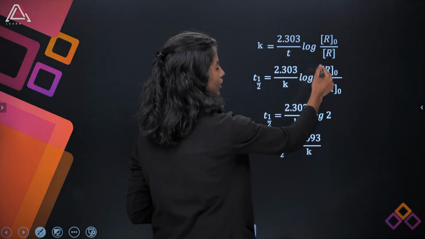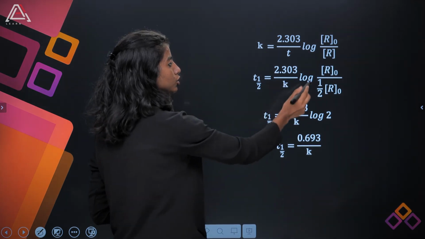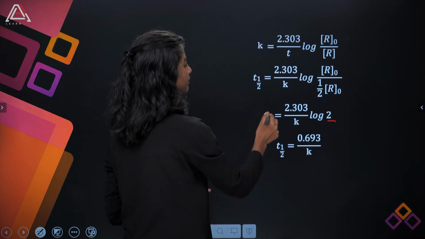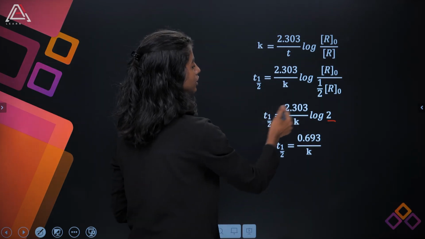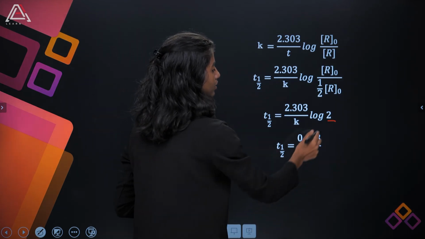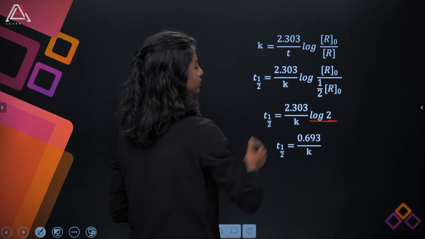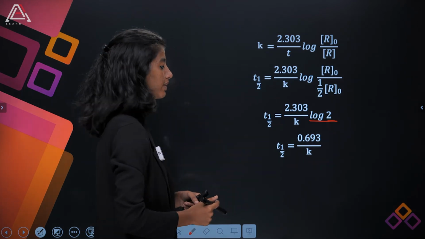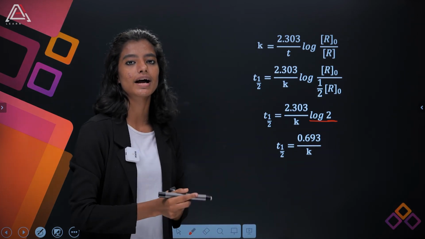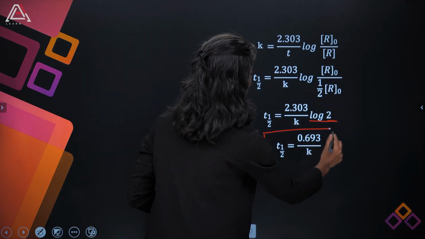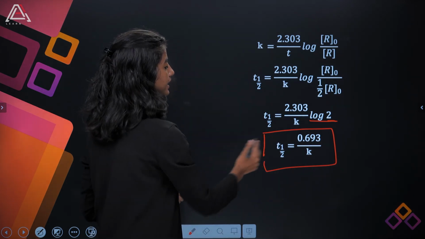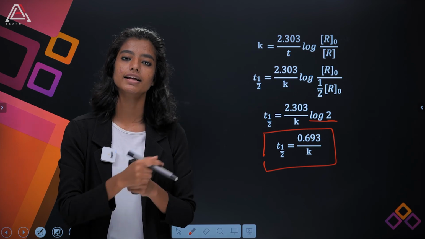And concentration of R naught divided by 1/2 concentration of R naught will give you the value 2. So the equation will become t-half is equal to 2.303 divided by K log 2. Now calculating the log 2 and multiplying it with 2.303 will give you t-half is equal to 0.693 divided by K. This is the t-half of a first order chemical reaction.